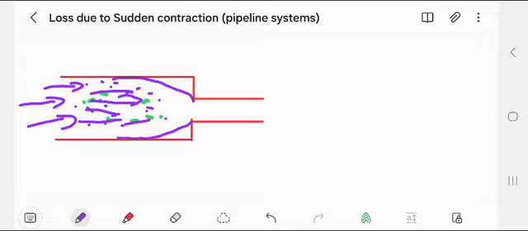As I've said before, there will be some loss here on entering, a little bit of loss just before it enters. There will be some orifice effect here, and it will form a shape like this.